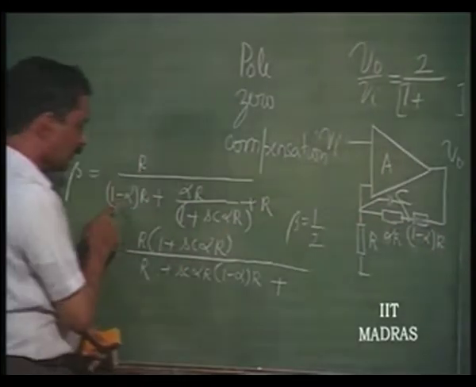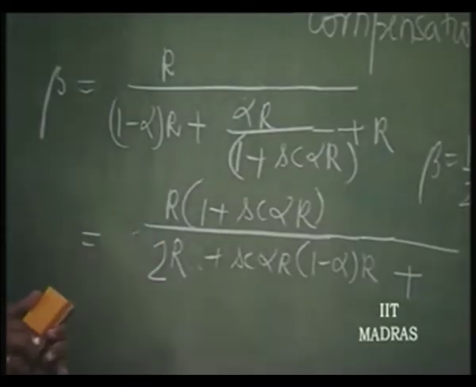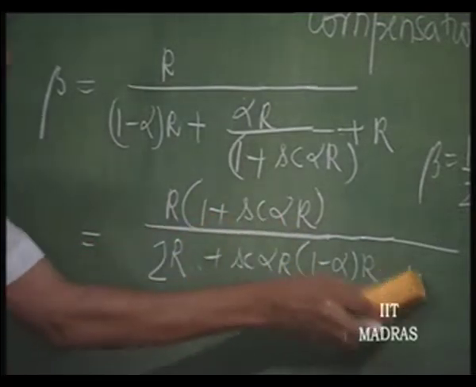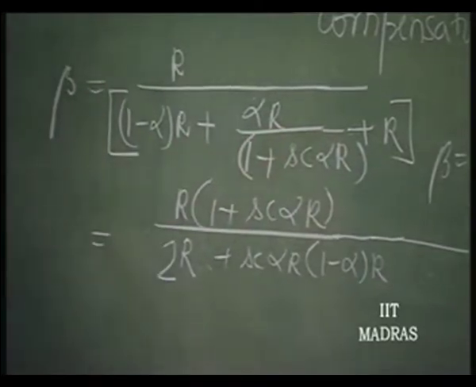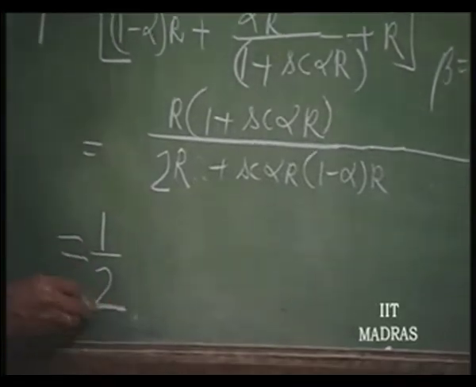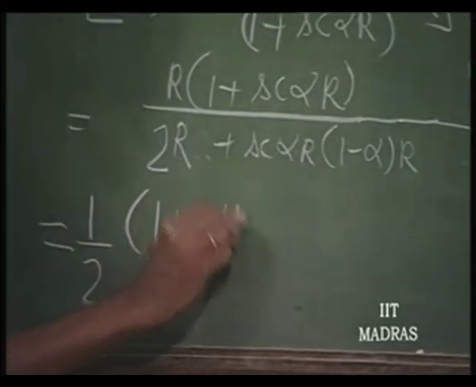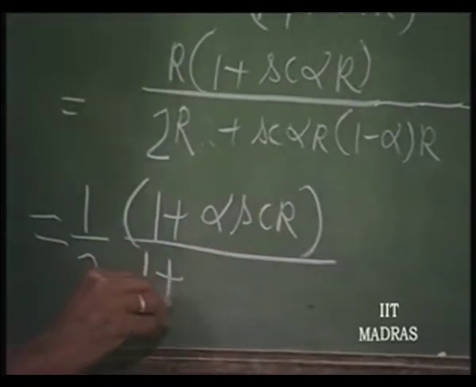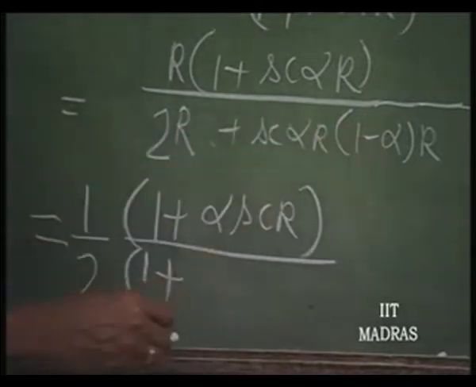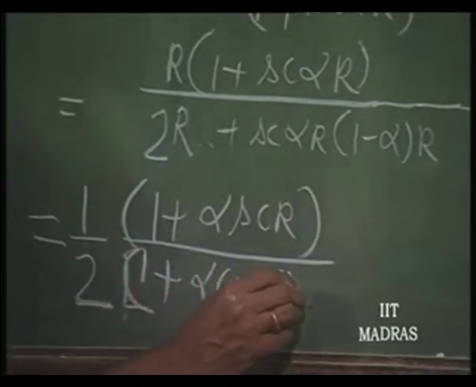So, you get here 2 r, okay, divided by this. So, this can be rewritten as, take out this 2 r. So, you get half, which is what you wanted. This will be 1 plus alpha SC r divided by 1 plus, okay, r has been taken out, alpha into 1 minus alpha, okay, SC r.